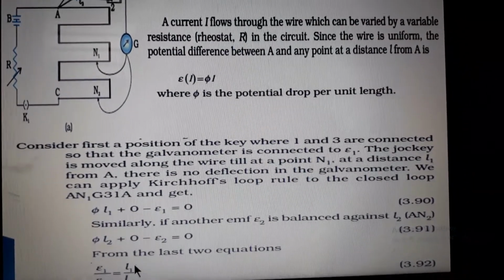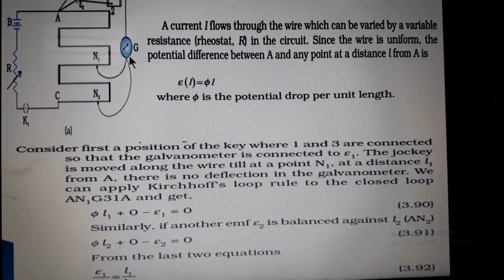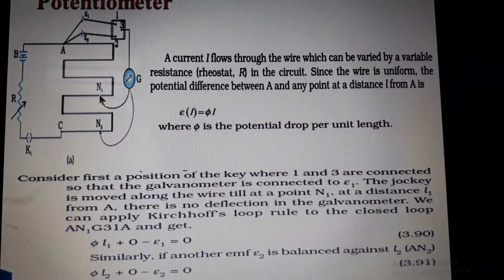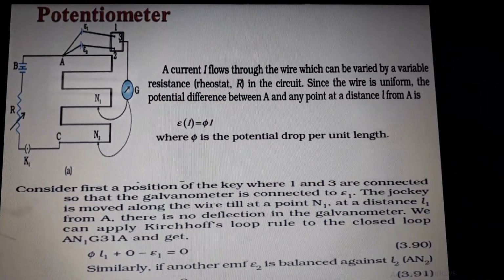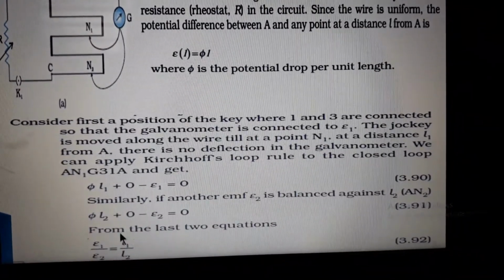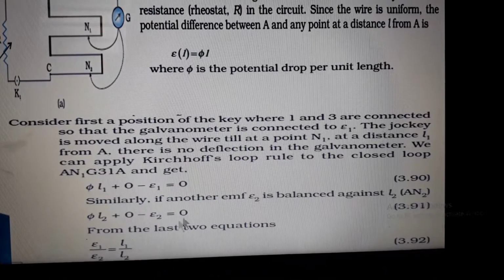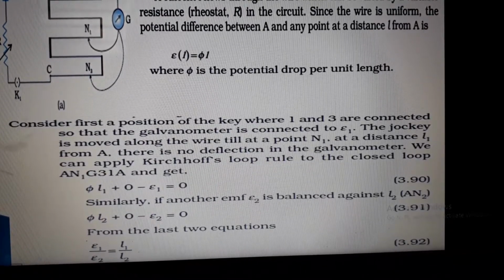Suppose that L1 is equal to L2, that means the galvanometer shows zero deflection at the same point, N1 and N2 are the same point, at that time E1 and E2 are the same. So by comparing the lengths L1 and L2 you can easily compare E1 and E2. This is the first application of the potentiometer.